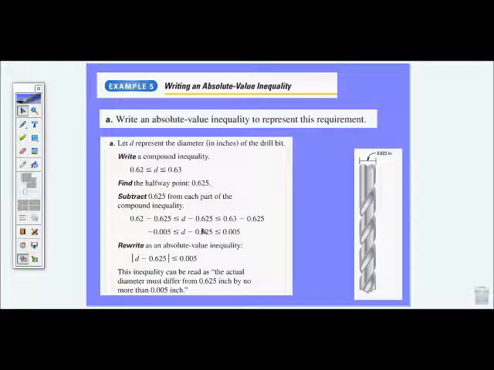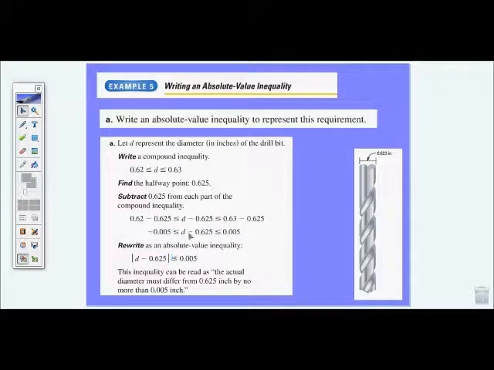In solving that, we would get that negative 0.005 is less than or equal to the diameter minus the 0.625, and it's less than or equal to a positive 0.005, which would mean it could be smaller or it could be larger by that much.